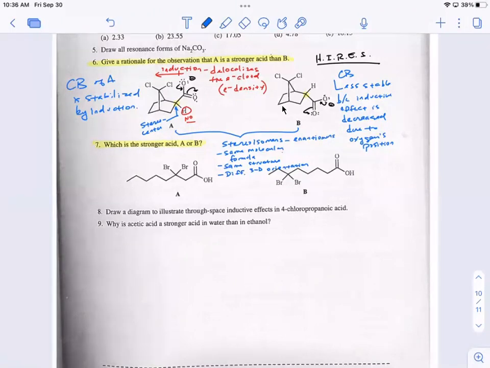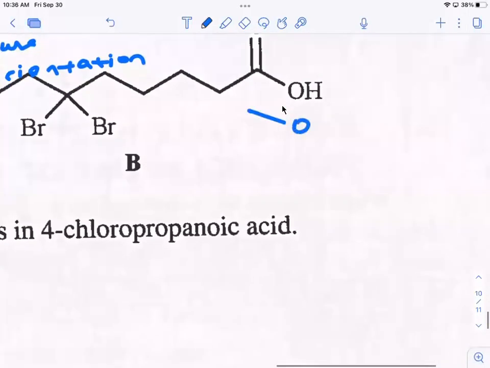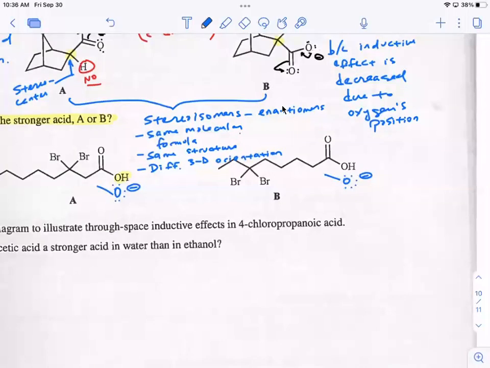Absolutely. That's exactly right. The bromines are closer to the atom that would end up being our conjugate base, right? So this would end up being O minus after you lose that proton. Over here would be the same thing. But again, you said a word that makes so much sense: proximity.